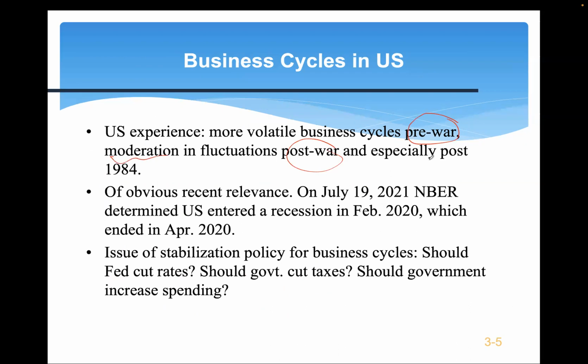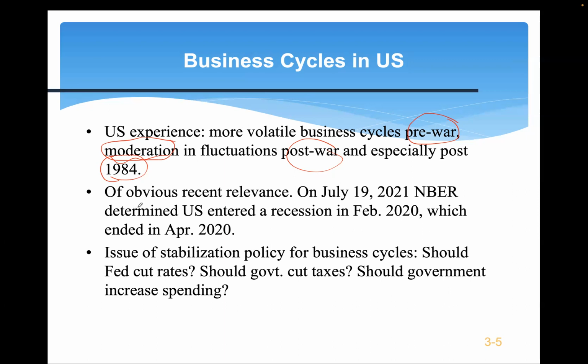This is especially true after 1985. And economists even coined a term called the great moderation. Moderation means the volatility becomes smaller, or the economy becomes less volatile. This is after 1984.